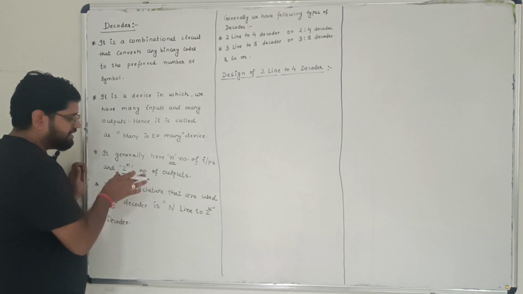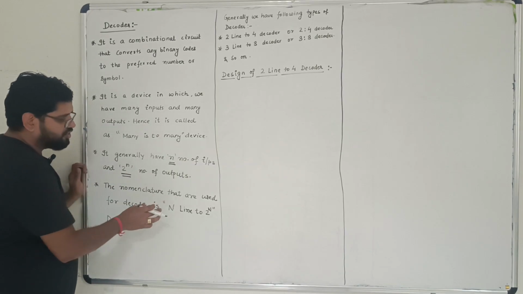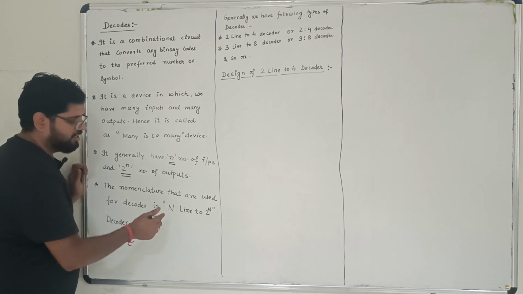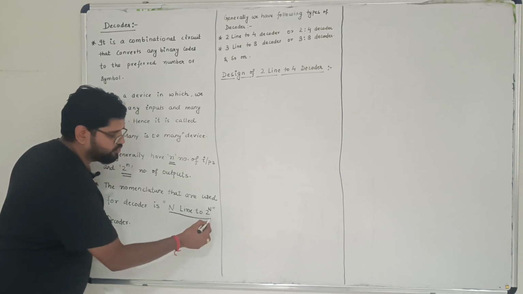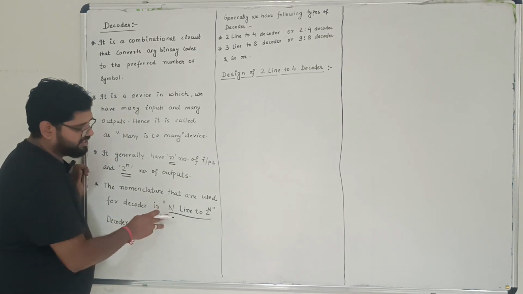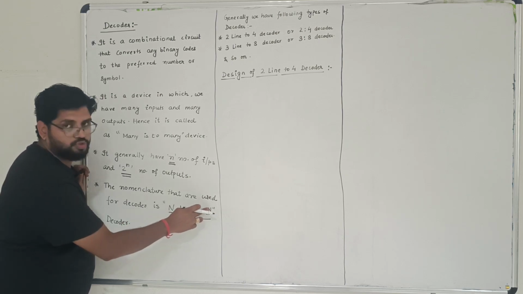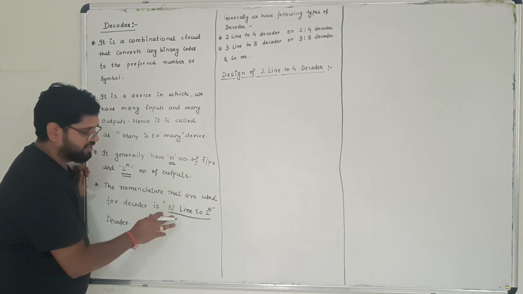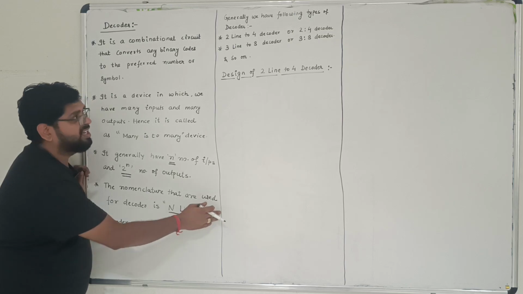Depending on this, the nomenclature is n line to 2 to the power n decoder. If n equals 1, it becomes 1 line to 2 decoder. If n equals 2, it becomes 2 line to 4 decoder. If n equals 3, it becomes 3 line to 8 decoder.